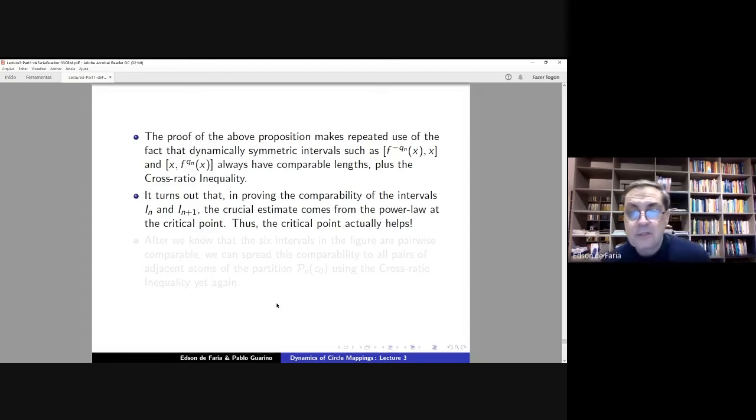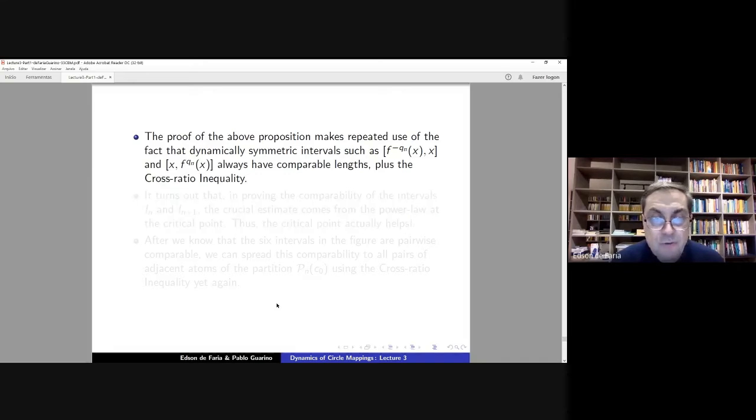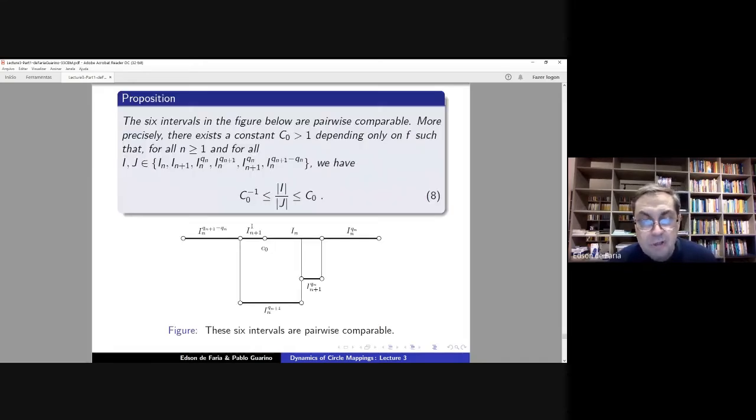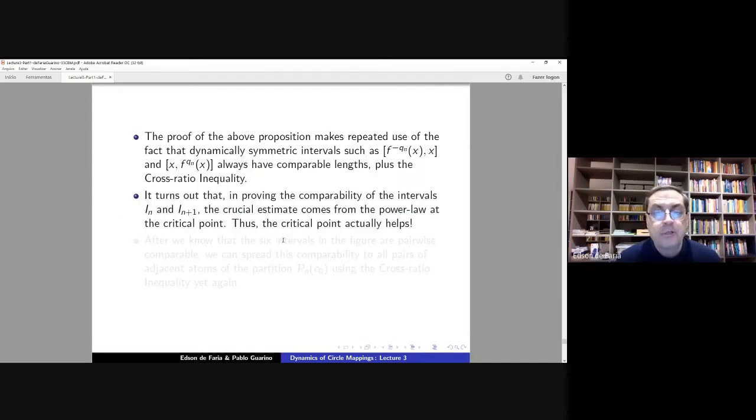And it turns out that one of the crucial steps is proving the comparability of the two intervals that surround the critical point, I sub n and I sub n plus 1. To show that these two are comparable, you really have to use the critical point in an essential way. And the power law intervenes. The power law of the critical point intervenes, okay? And so this is a situation where the critical point actually helps.